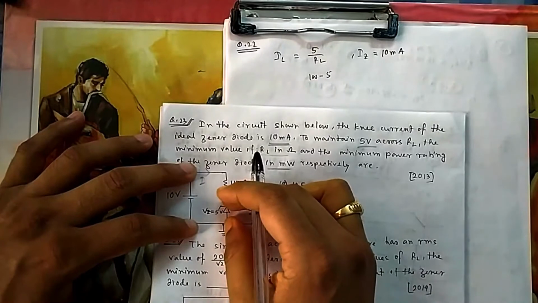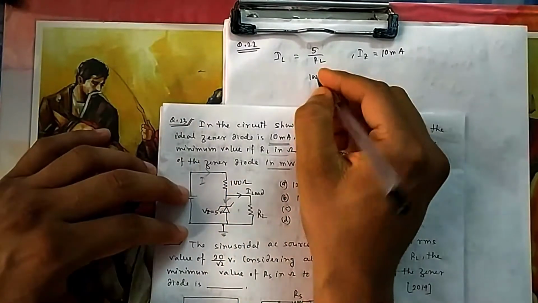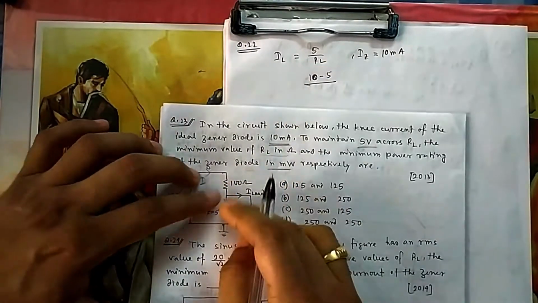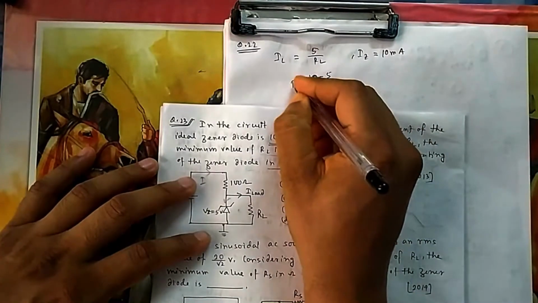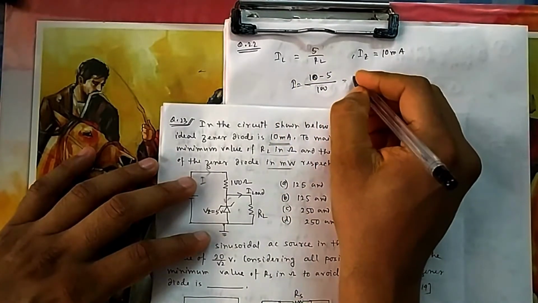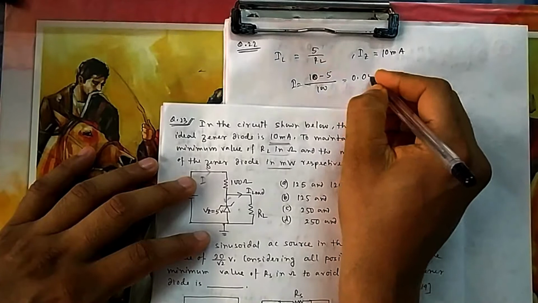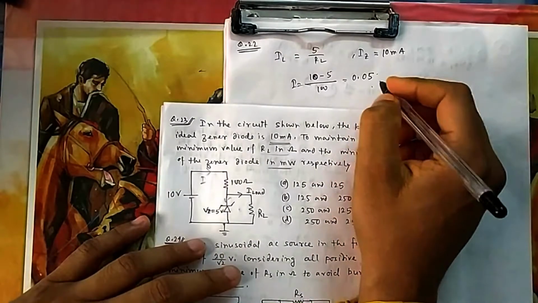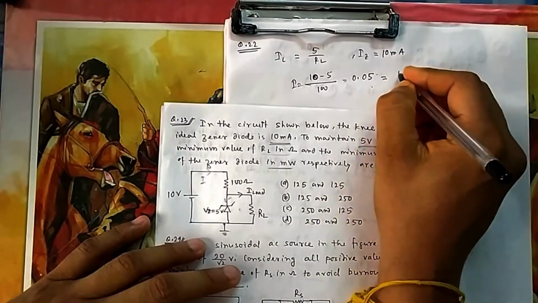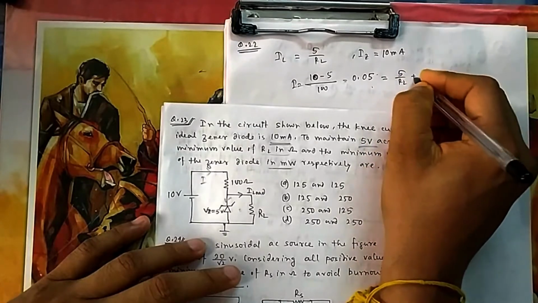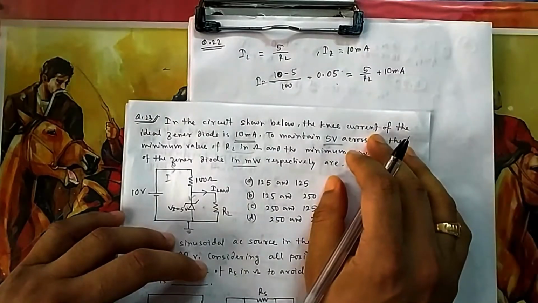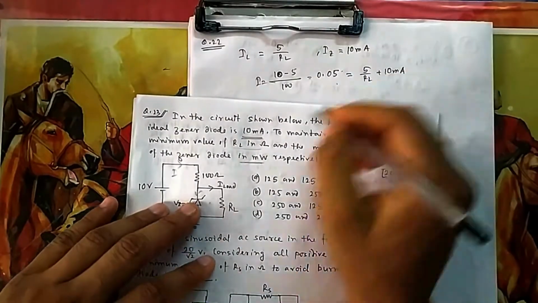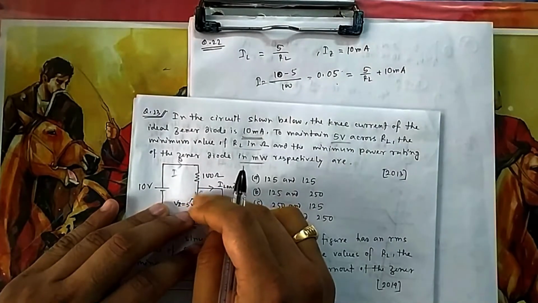This voltage is 10, this voltage is 5, so 10 minus 5, divided by 100. So this is my I. So I is equal to 0.05. So this should be equal to 5 by RL plus 10 milliampere. This is fixed. So this is the minimum current that has to flow.